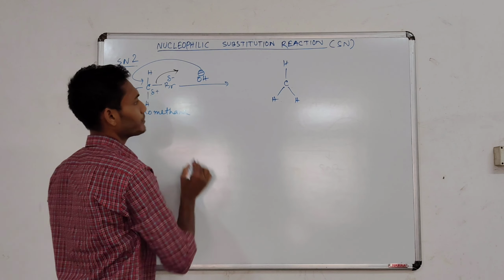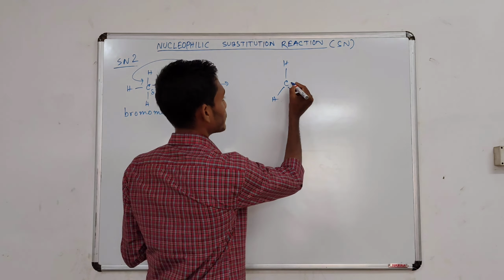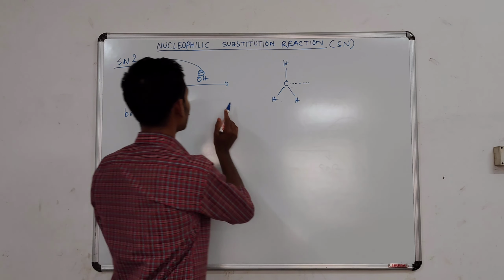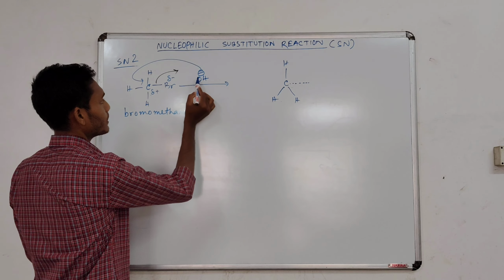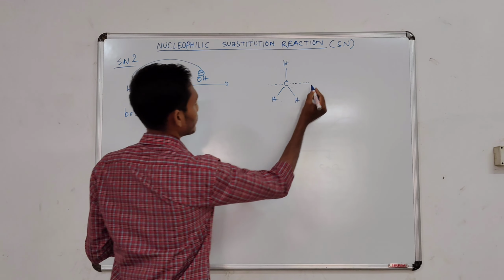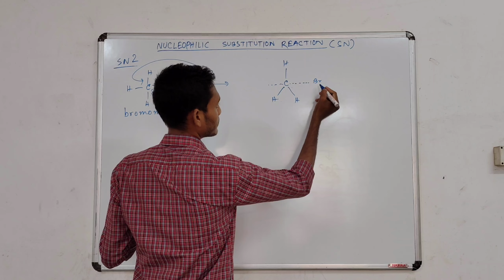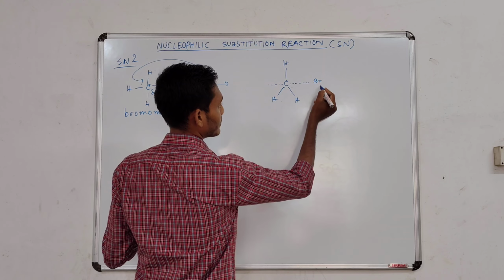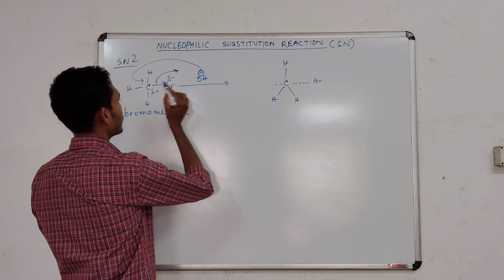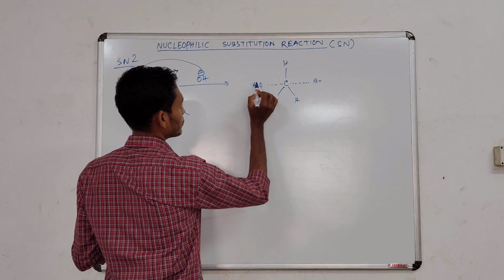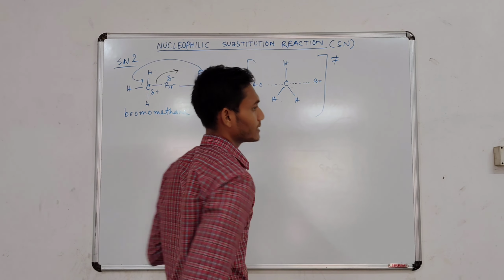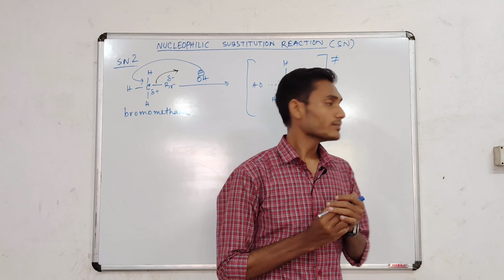The bond between carbon and bromine is breaking, so we show the breaking of the bond by a dotted line, and the formation of a bond between carbon and oxygen of OH we also show by a dotted line. So this is a transition state, a very unstable state in the reaction mechanism.